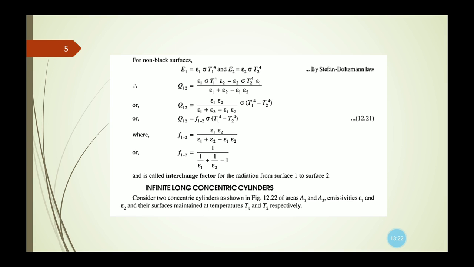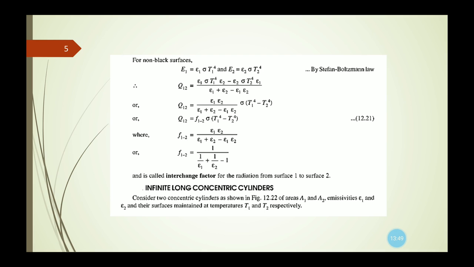So for non-black surfaces, if we use the Stefan-Boltzmann law, in that case we will get the emissive power E1 equals epsilon 1 sigma T1 to the power 4, where we are using the concept of emissivity, and we are also using the Stefan-Boltzmann law.